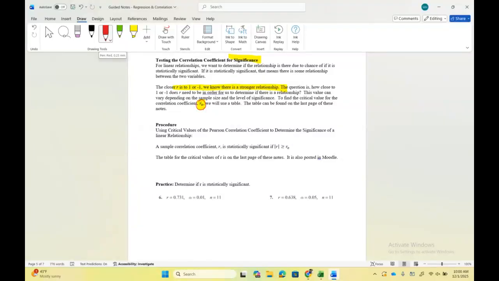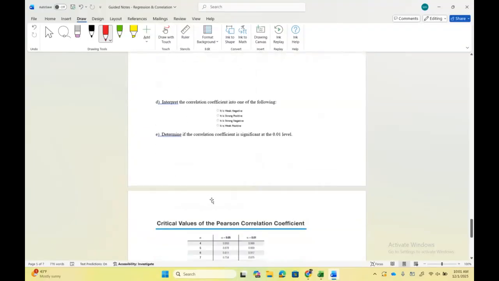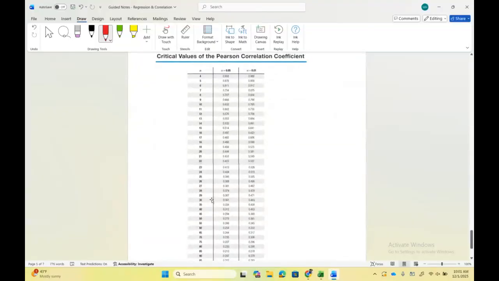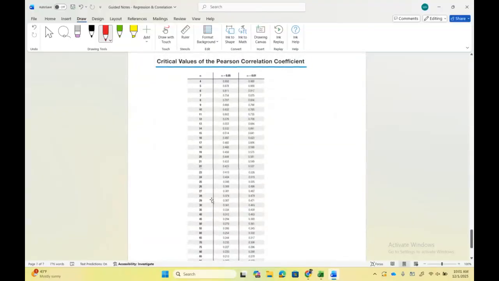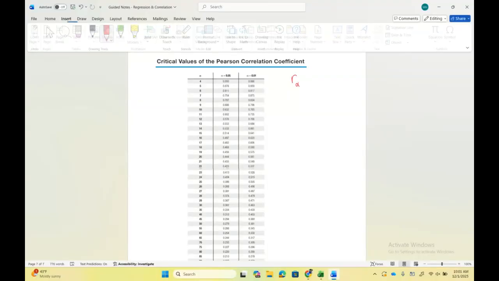We've seen that before, and there's a table to find that critical value. If I go to the last page of notes here, here's our critical values for R. We have a value for N, and two different levels of significance, 0.01 or 0.05. So these are going to be our critical values.